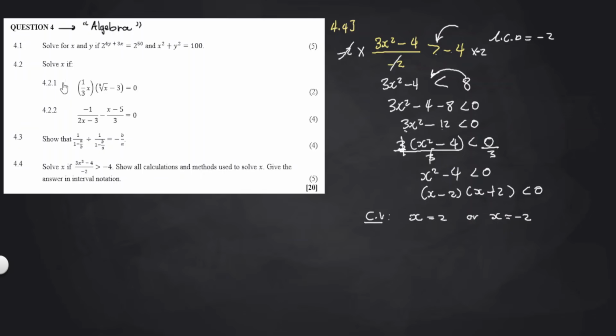There are 3 methods for solving this, but I'm going to use the graphical method. As long as a, the coefficient of x squared, is positive, your graph is going to point upward like this.